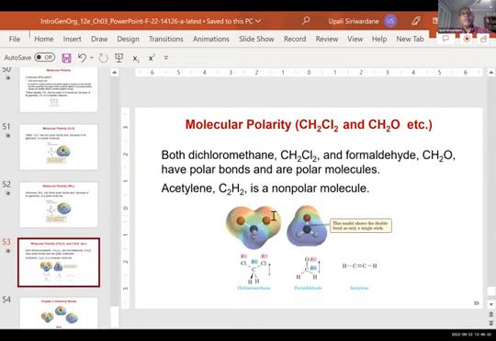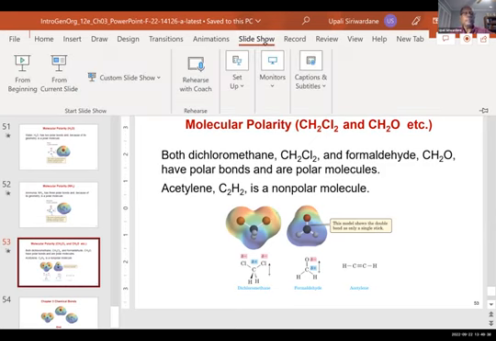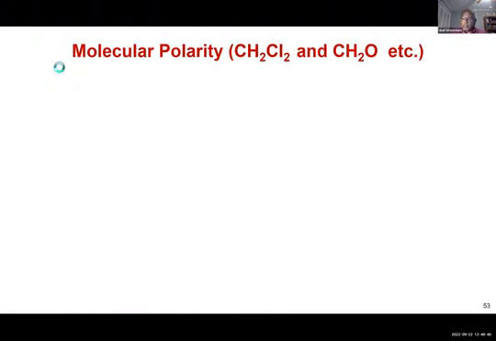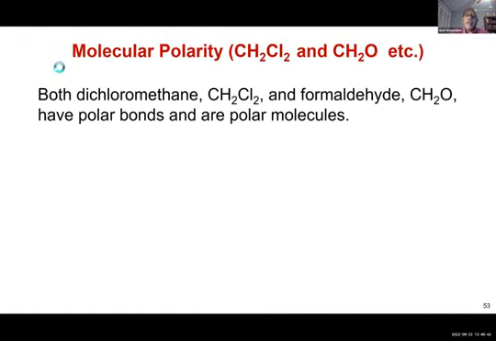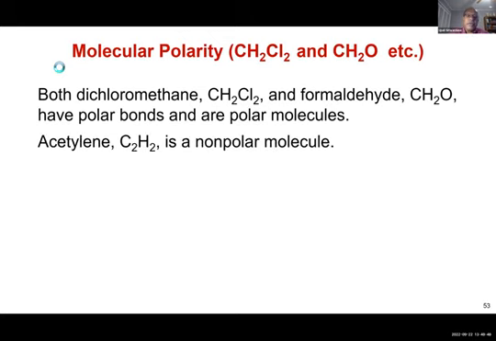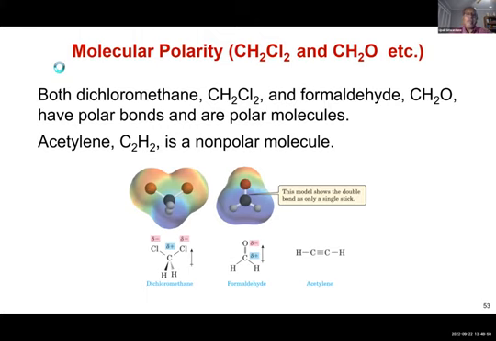We went over this a few minutes ago. So how do I know CH, chlorine bond, is polar? I subtract chlorine electronegativity, then find out this is greater than 0.5, polar covalent bond.